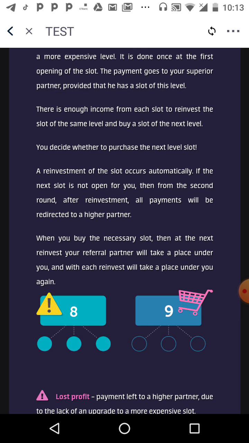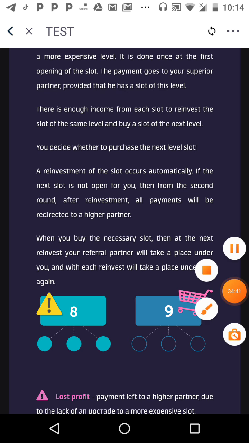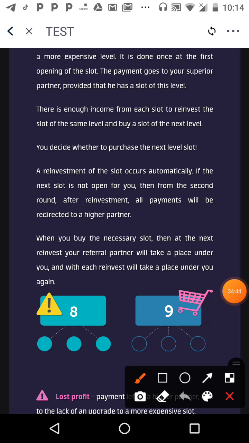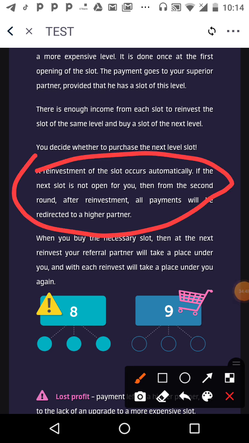A reinvestment of the slot occurs automatically if the next slot is not open for you. Then from the second round, after reinvestment, all payments will be redirected to a higher partner. I kept saying this. You don't want to miss it.